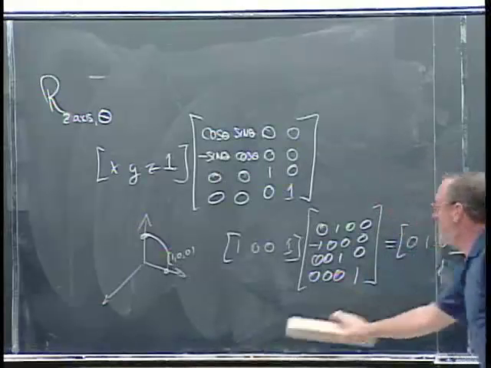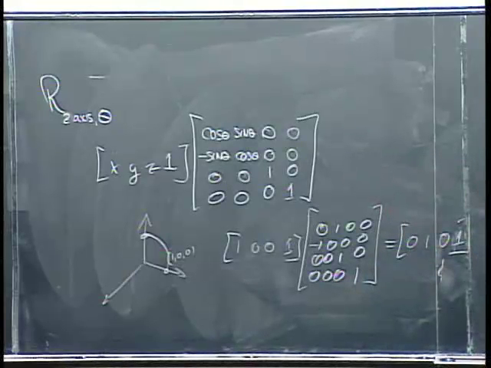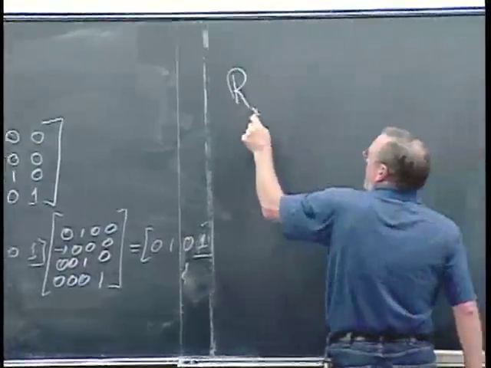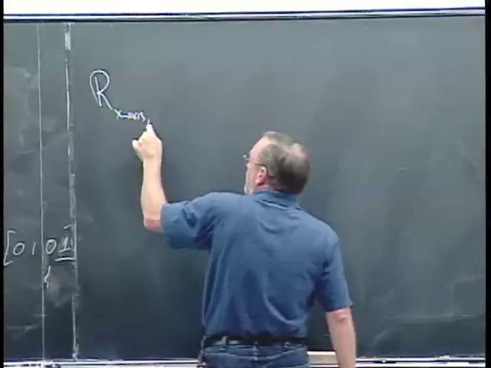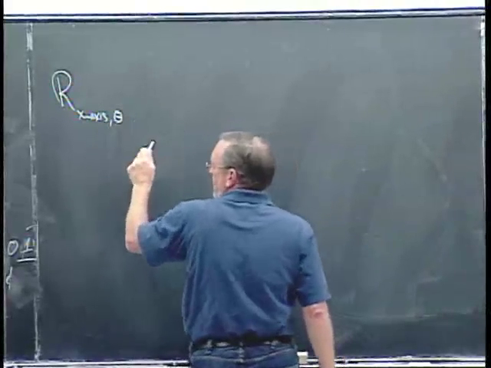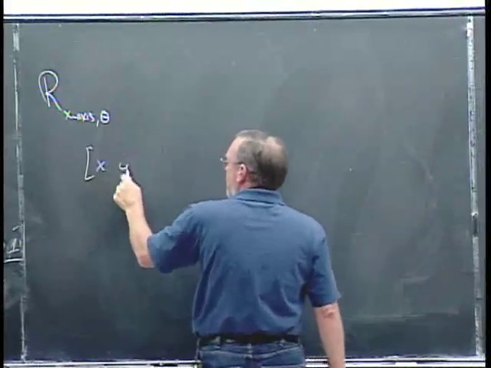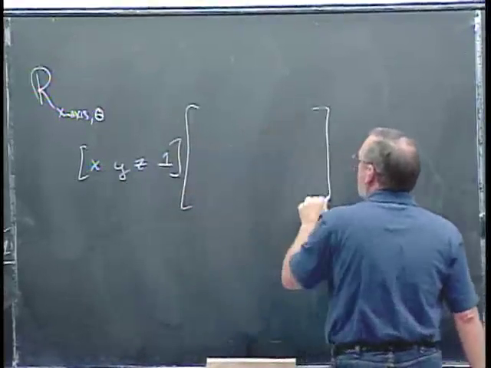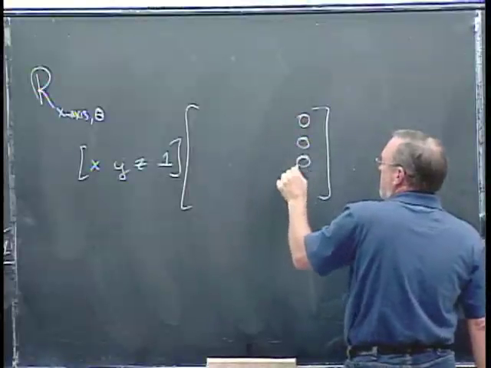All right, let's do the other two. I can finish these off quickly. Here, if I rotate around the x-axis by theta, I take x, y, z, 1, and my matrix better look like last column 0, 0, 0, 1.